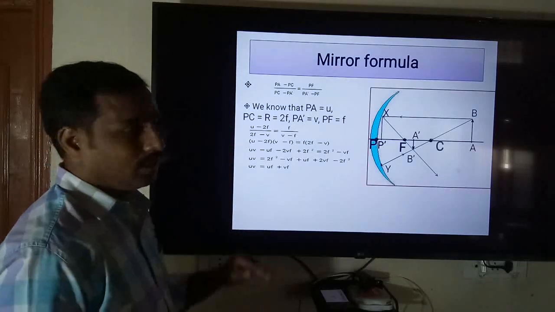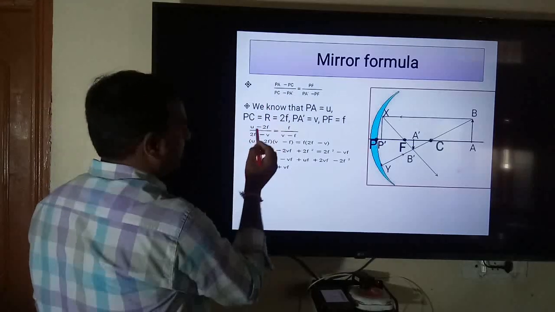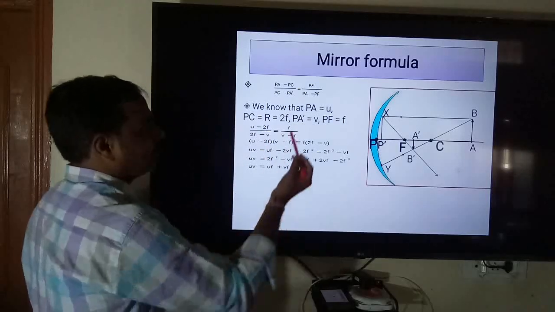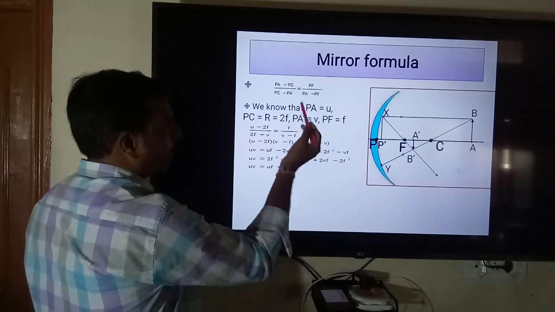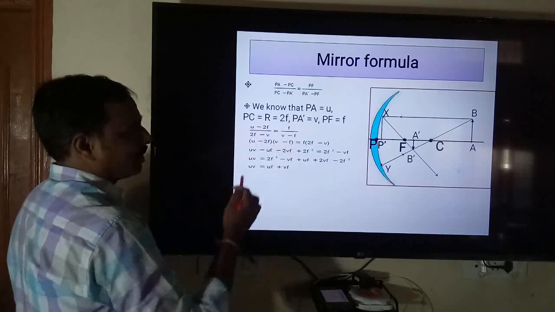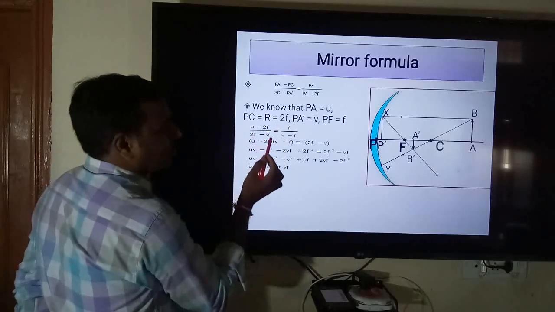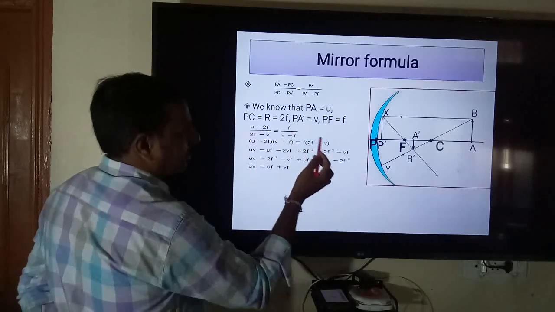No need of R. So we are writing 2F. (U − 2F)/(2F − V), that is equal to F/(V − F). So I am making a cross multiplication here. Then we get (U − 2F) multiplied with (V − F), and F multiplied with (2F − V).